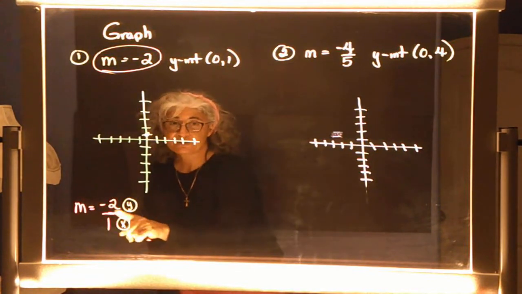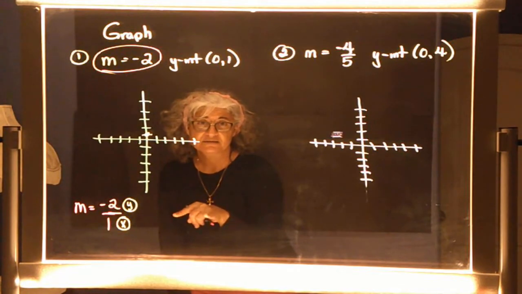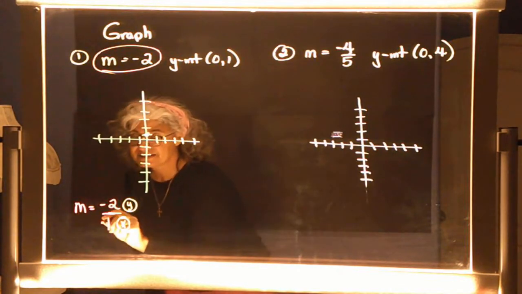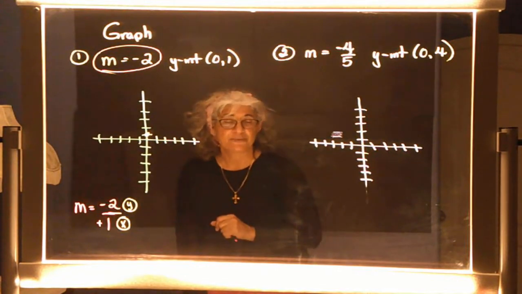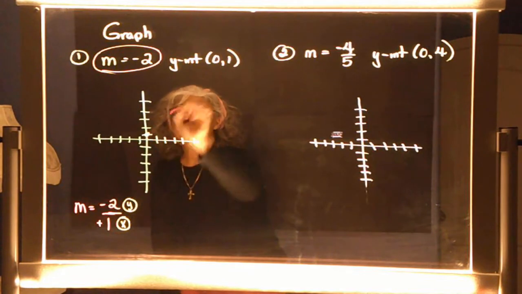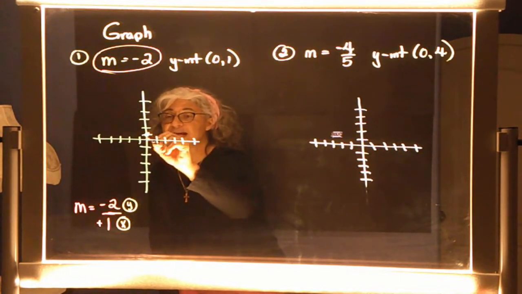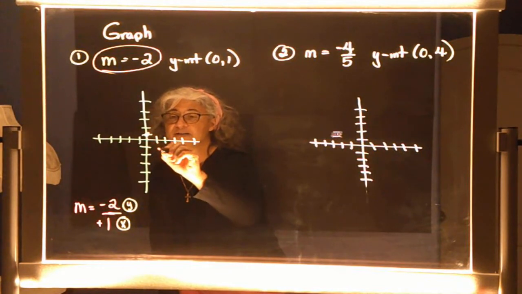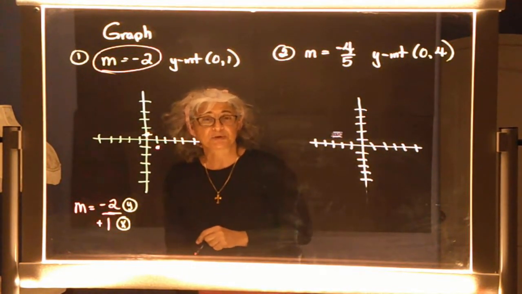The denominator represents the x's. The x's go left and right. And since this is a positive number, good, go to the right. How many? 1. So these set of directions from the y-intercept, the only point I've got, tells me to go down 2 spaces, go right 1, and that's where I'm going to find my second point.